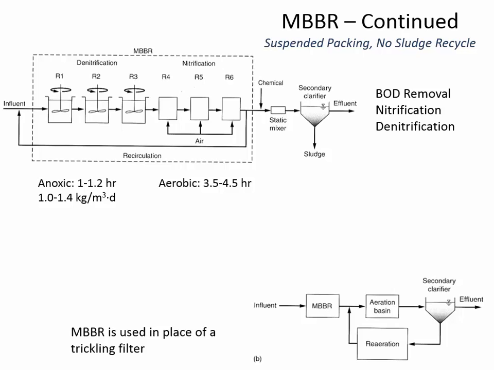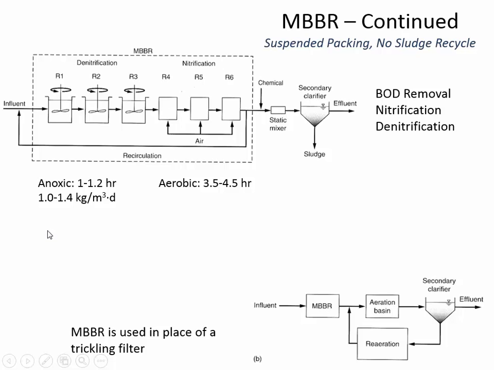This is showing that depending on how you put them in order, if you have some that are aerated and some that are not aerated, you can have the removal of nitrogen. So denitrification is the upstream step before aeration. You put the denitrifying bacteria first in line because they need the higher concentrations of BOD, but they don't need oxygen.